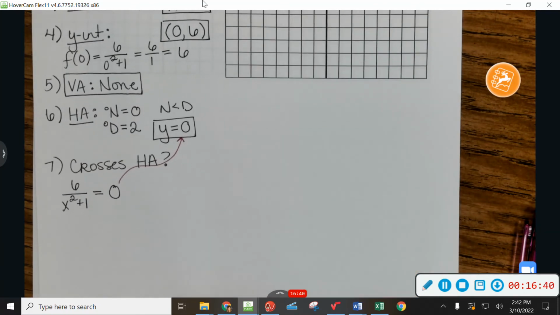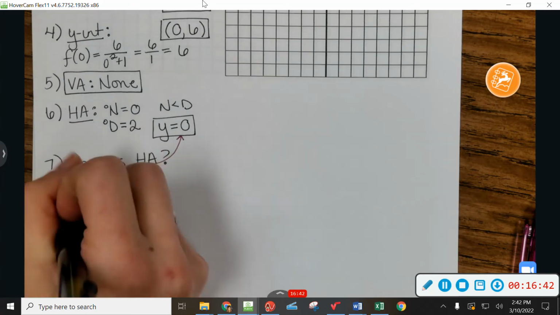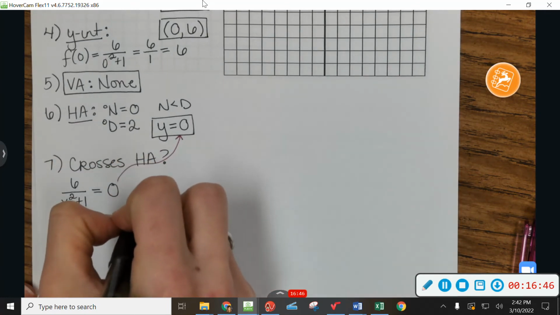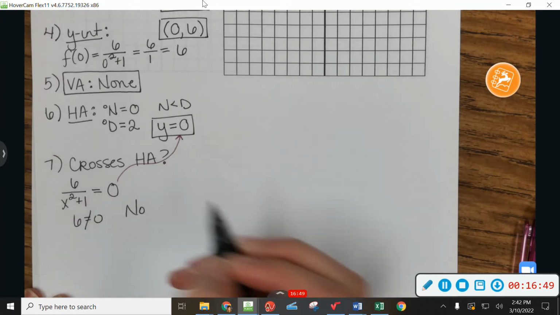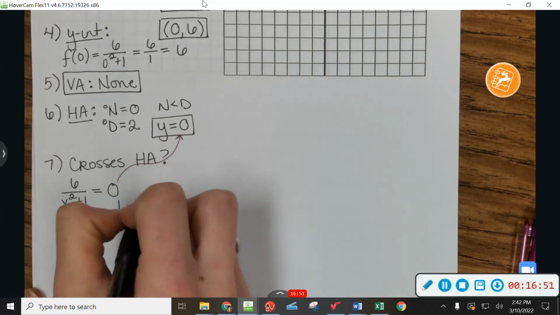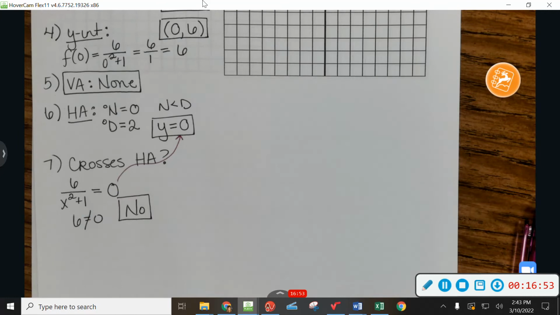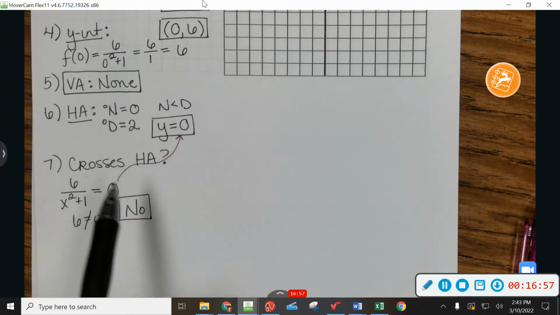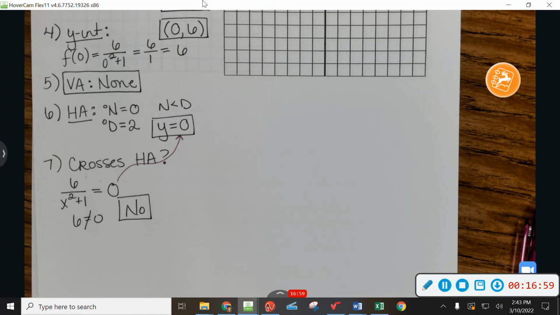If I multiply x squared plus 1 by both sides, I end up getting 6 equals 0. Not true. So it does not cross. If you set it up as "crosses horizontal asymptote?" with a question mark, you can tell me no. Okay? That's what I typically do.